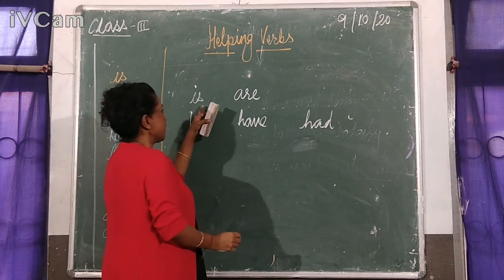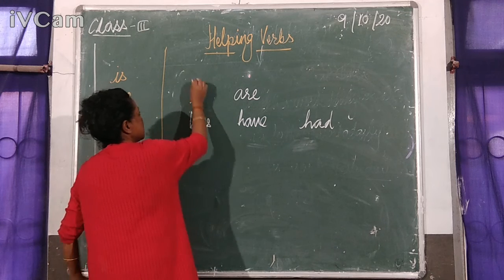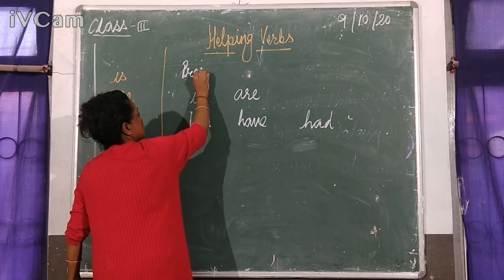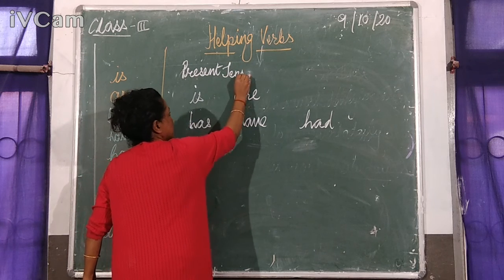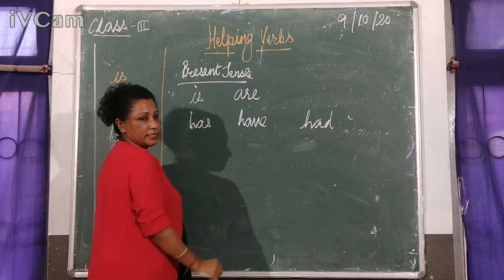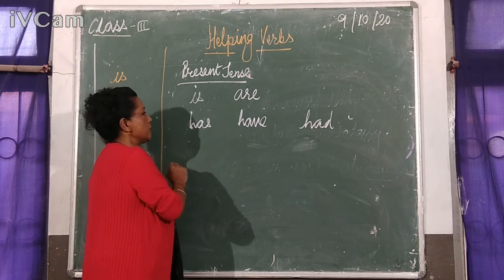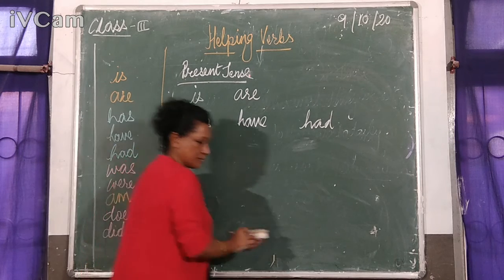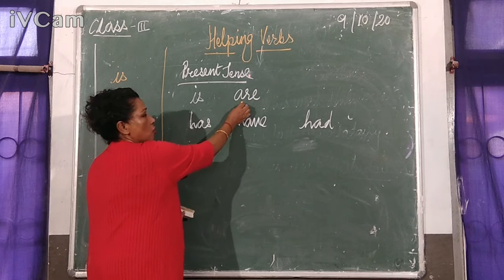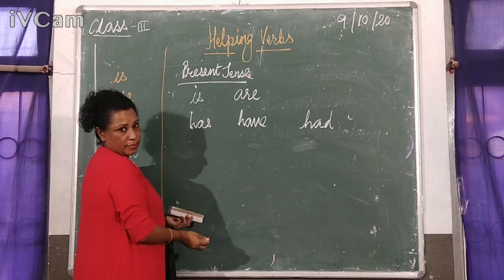Now look here. When you're talking about one, in the present tense, is tells you about present tense. Has also tells you about present tense. Are also tells you about present tense, have also tells you about present tense.